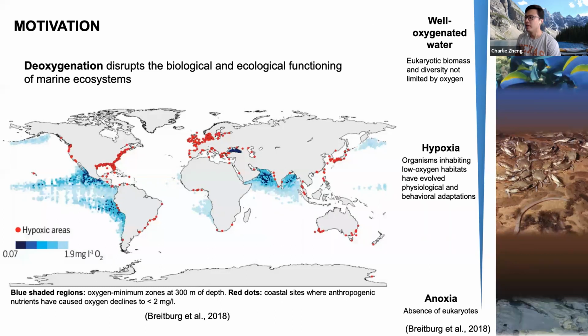It's happening right now, and it has a severe impact on marine ecosystems. If the water is well oxygenated, we have a diverse, healthy biota. If oxygen concentration is lowered, we have a more depressed or restricted fauna. And if it's anoxic, no animal can survive under such conditions, and we have a collapsed ecosystem.